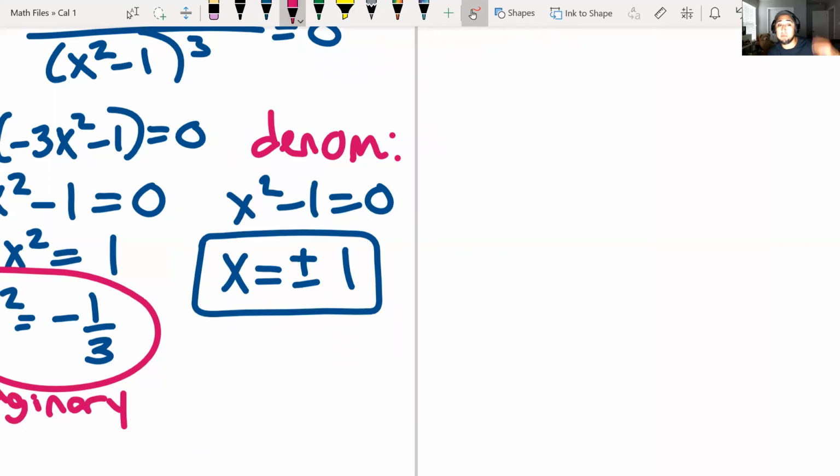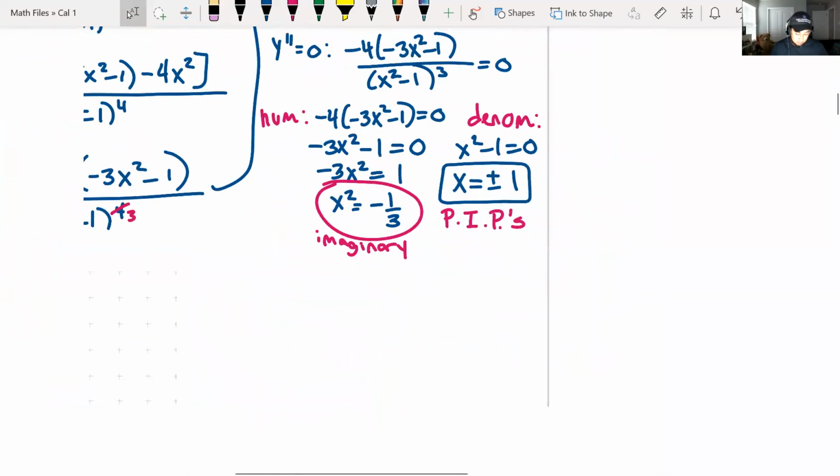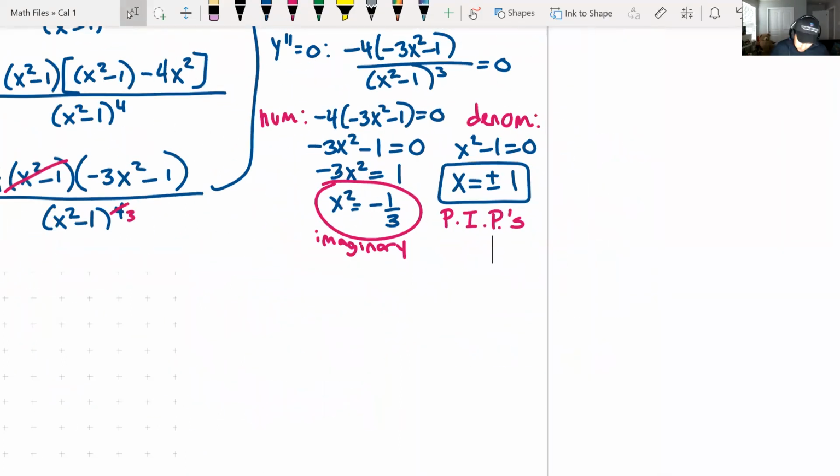And since these are from the second derivative, these are called inflection points. But remember, they are possible inflection points, because we don't know if concavity is going to change until we make a sign chart. Okay, looking good.